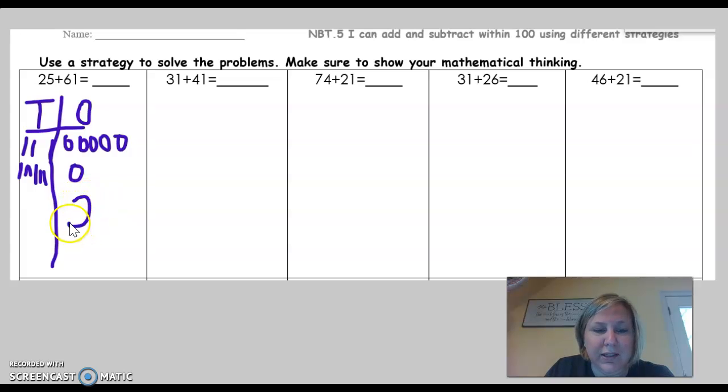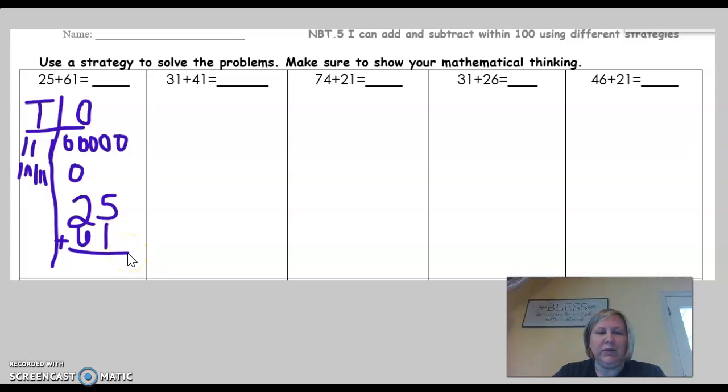I also want to write it like this. So I'm showing my mathematical thinking by drawing my tens and my ones, and then I rewrite the problem going up and down. So now I add with my ones. 5 ones plus 1: 1, 2, 3, 4, 5, 6 ones.